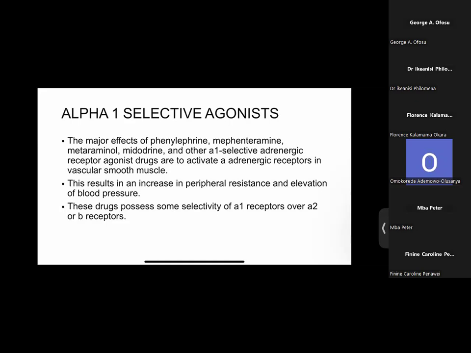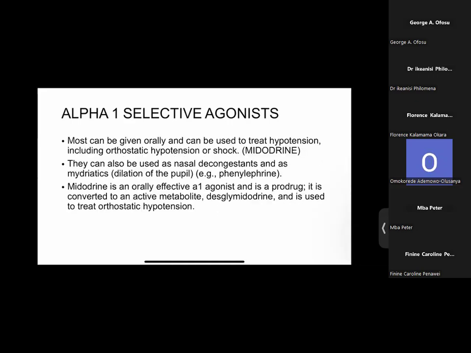Okay, the next slide. Most of these alpha-1 agonists can be given orally and can be used to treat hypotension, including orthostatic hypotension as with midodrine. They can also be used as nasal decongestants, as with phenylephrine. Midodrine is an orally effective alpha-1 agonist and a prodrug that is used to treat orthostatic hypotension.